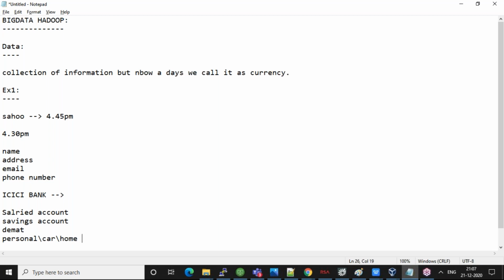Then how do they know your number? Once you fill this form, they sell your data and they get an amount. This is the first use case. That's why data is currency.